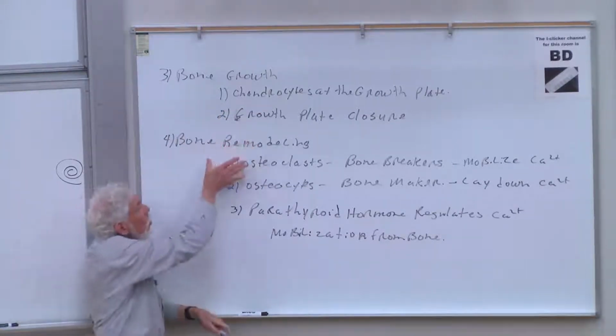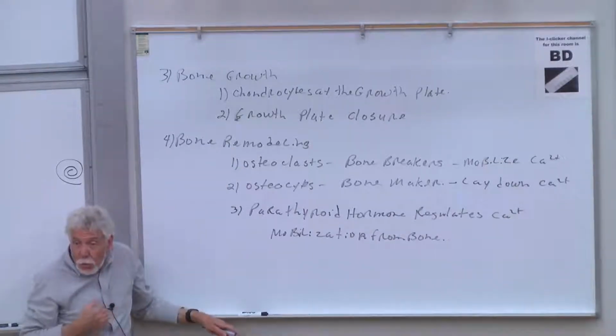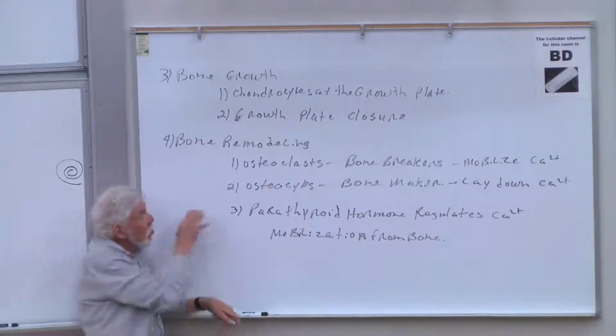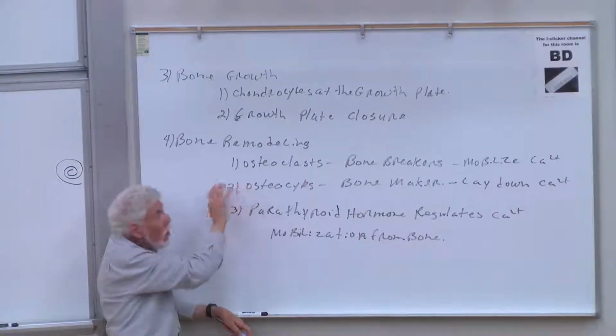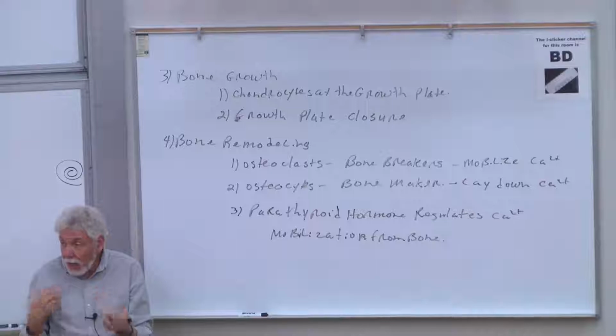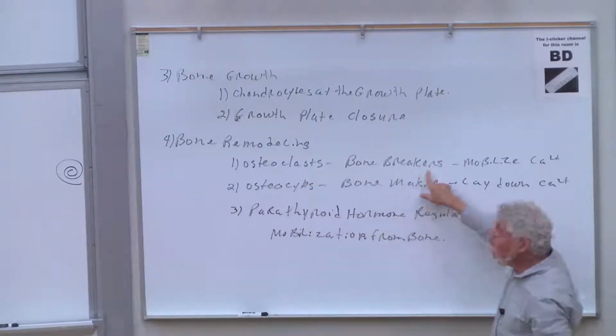But that still opens the interesting question of bone remodeling because, in fact, if you start weightlifting, if you start bearing more weight, you'll actually increase the size of the bones. And it turns out that throughout our lives, we are building bone and tearing it down. And there are two major cell types that are playing this role. There are the osteoclasts. These are known as the bone breakers.